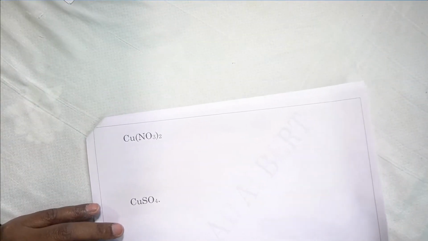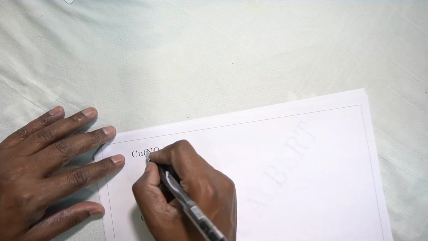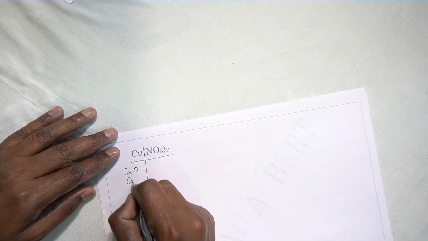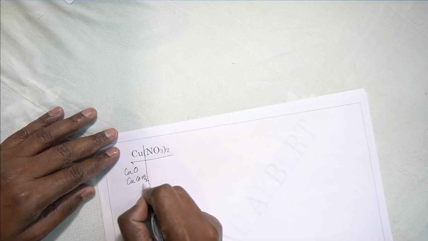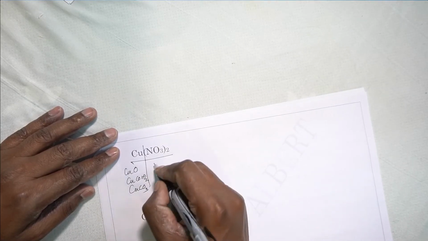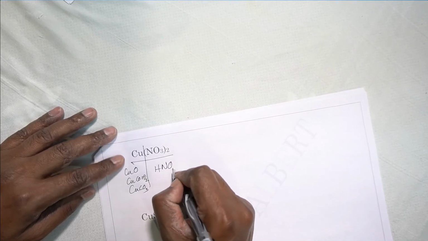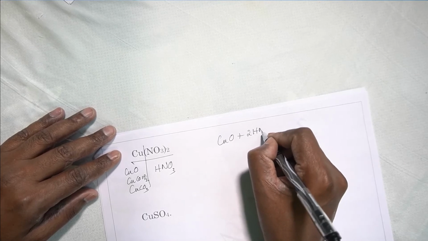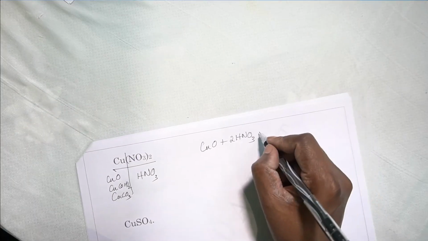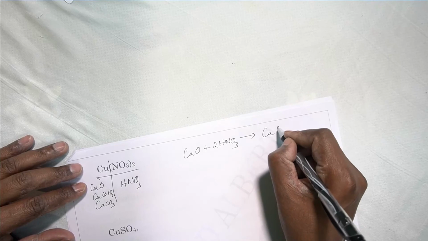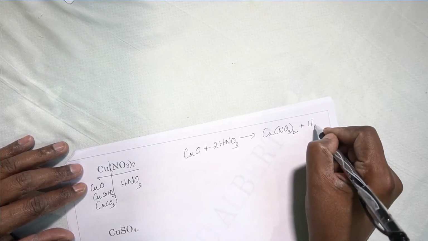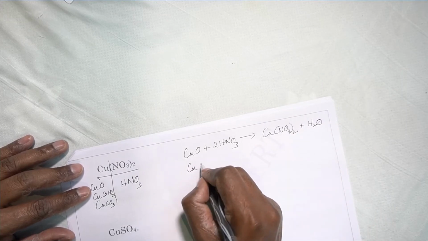Now we have copper nitrate. Again metal oxide, metal hydroxide and metal carbonate only. 3 methods. HNO3, nitric acid is here. So you have CuO plus 2HNO3, copper divalent as I already mentioned. So Cu(NO3)2 plus H2O, right?